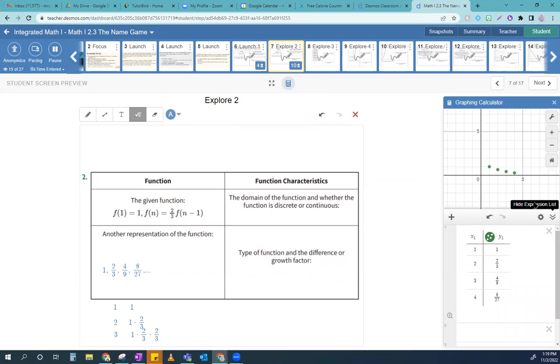Okay. Now what do I do? What do you want to talk about? This or this? This one. Growth factor or constant difference? Growth factor or constant difference?